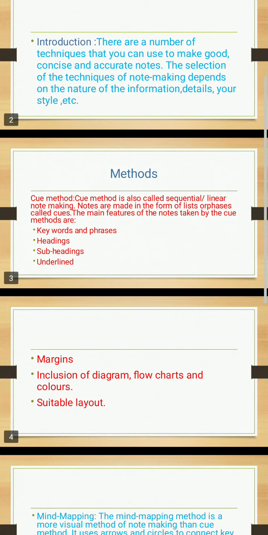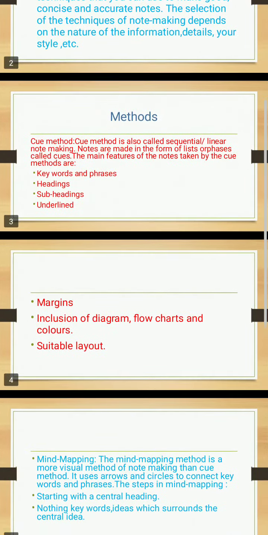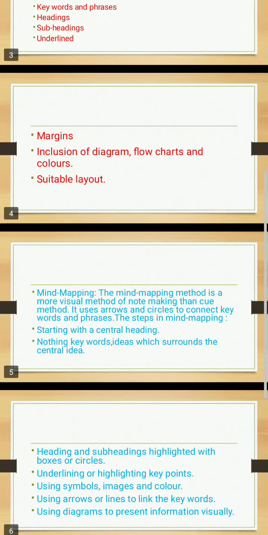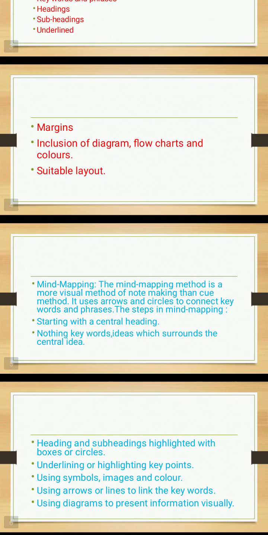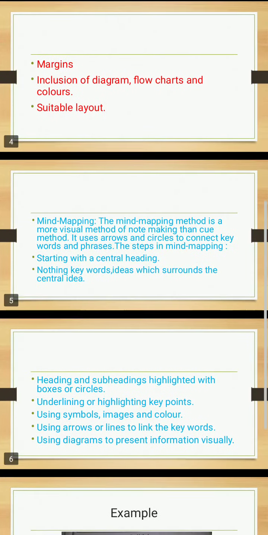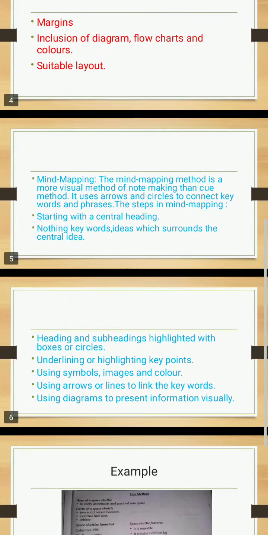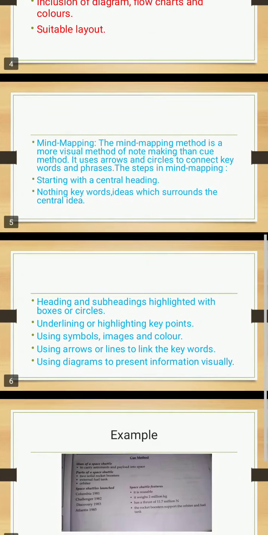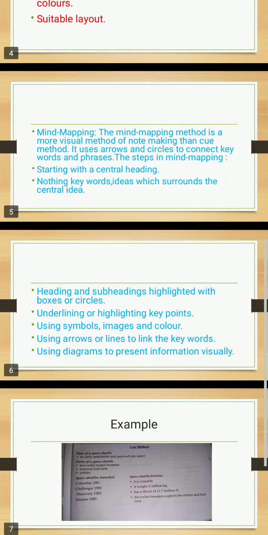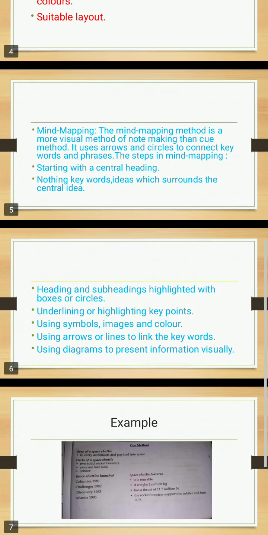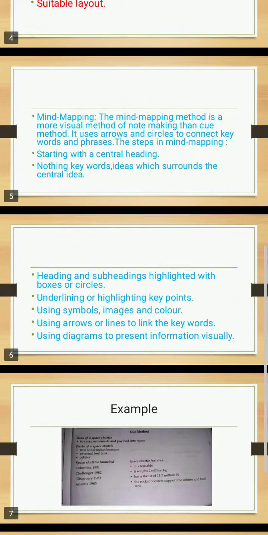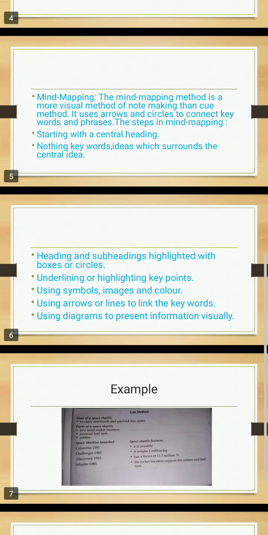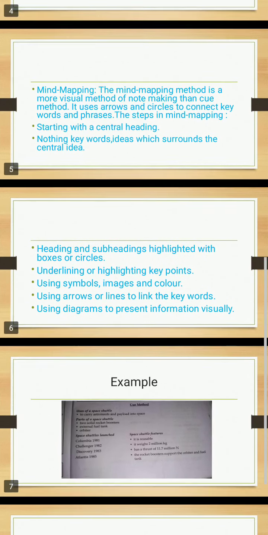So let us have a glance over slide number five. This is related to the mind mapping method. The mind mapping method is a more usual method of note making than the Q method. It uses arrows and circles to connect keywords and phrases.